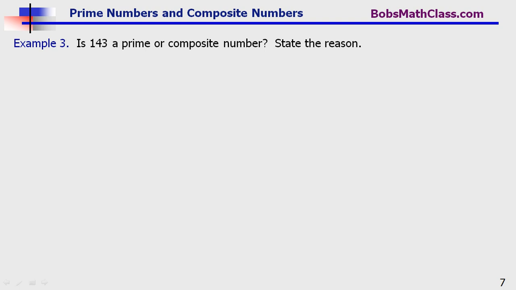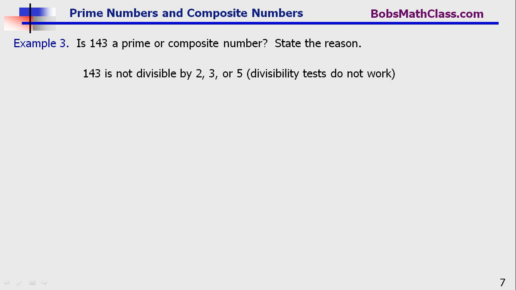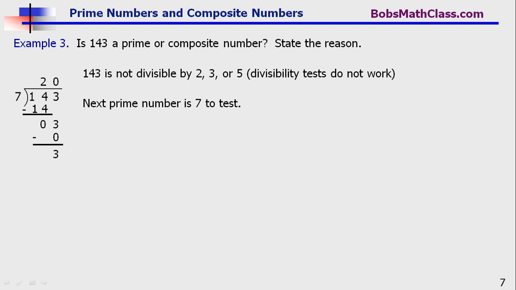No, doesn't end in a 0 or 5. So those tests do not work. Next number to try is 7. Let's divide this number by 7 and see if it comes out evenly. I got a remainder of 3, so my answer to 7 is no.